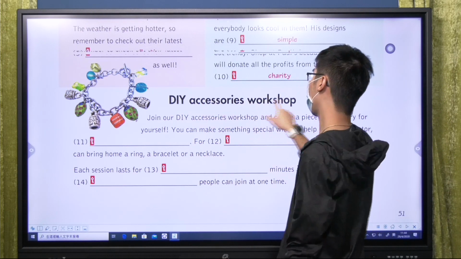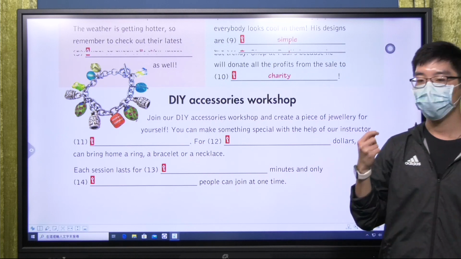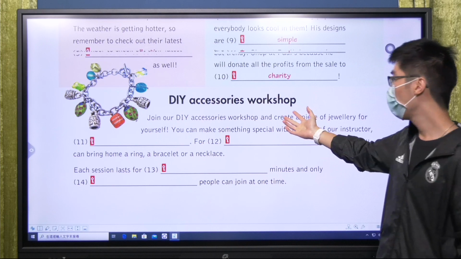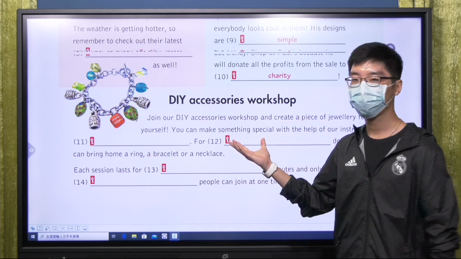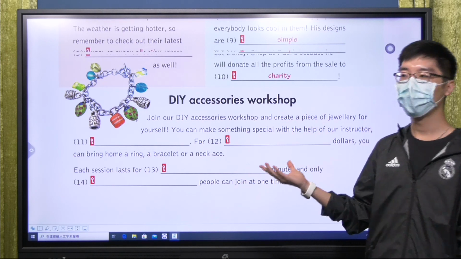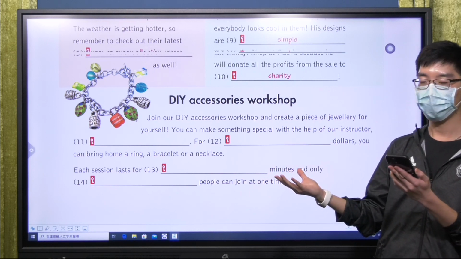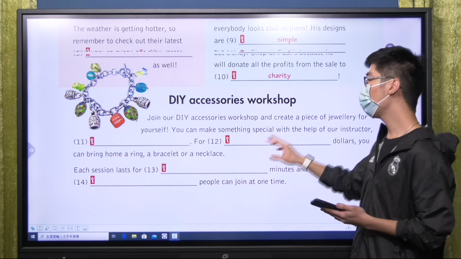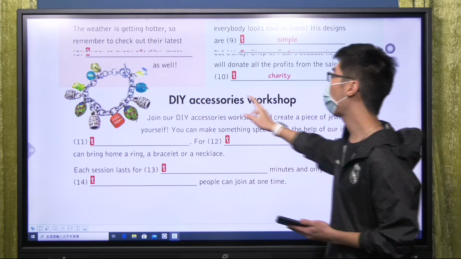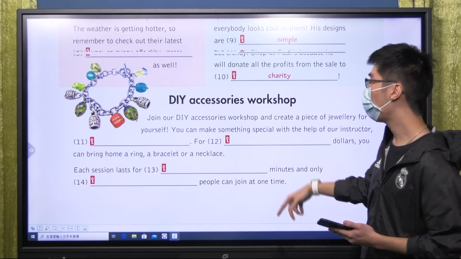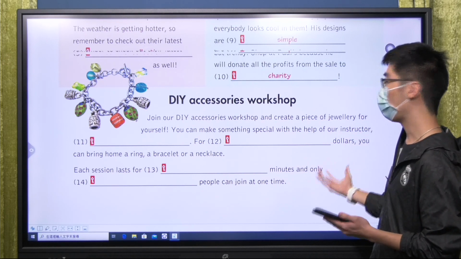DIY accessory workshop. What kind of information can we find for the DIY accessory workshop, for the recording or for the data file? This part is for data file part 2, okay? First of all, we look at what they ask us.